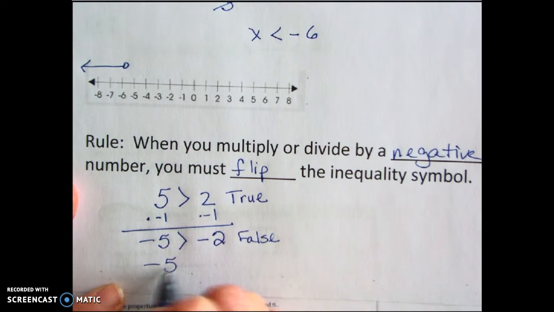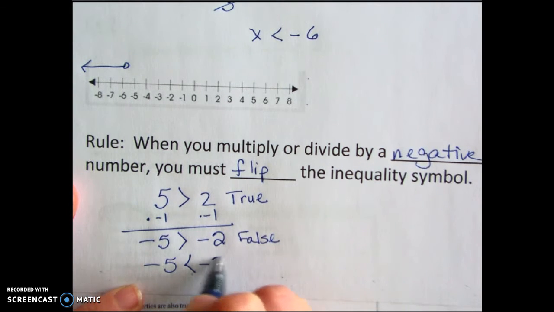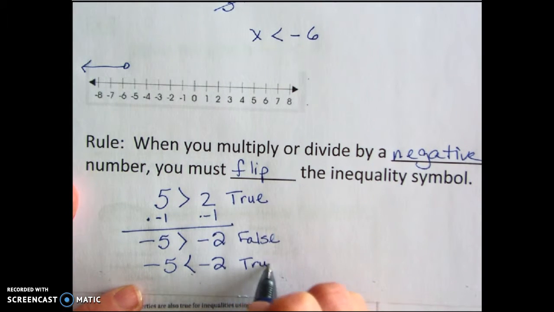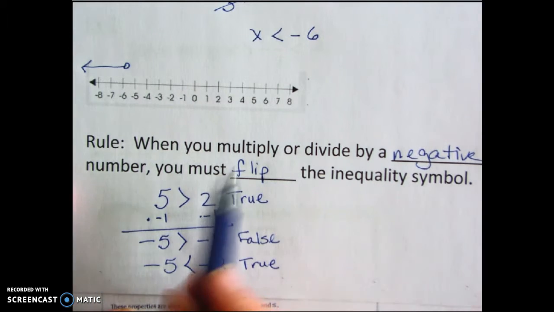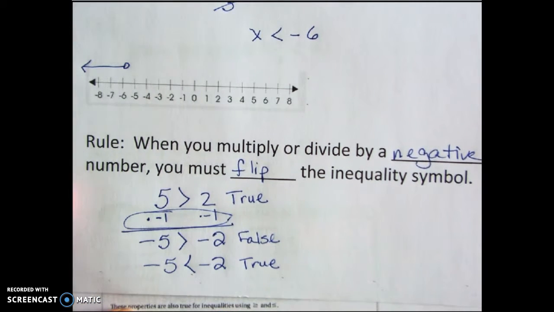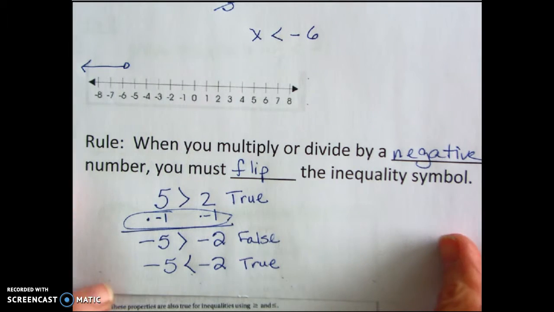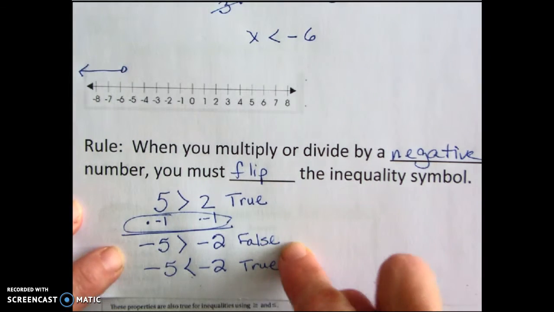So we would have to flip that around to keep it true. Anytime we multiply or divide by a negative number in our step, we have to flip the inequality symbol because it makes our inequality false otherwise.